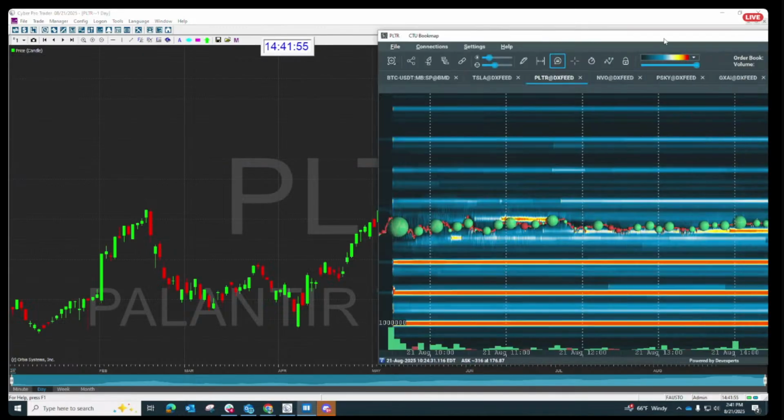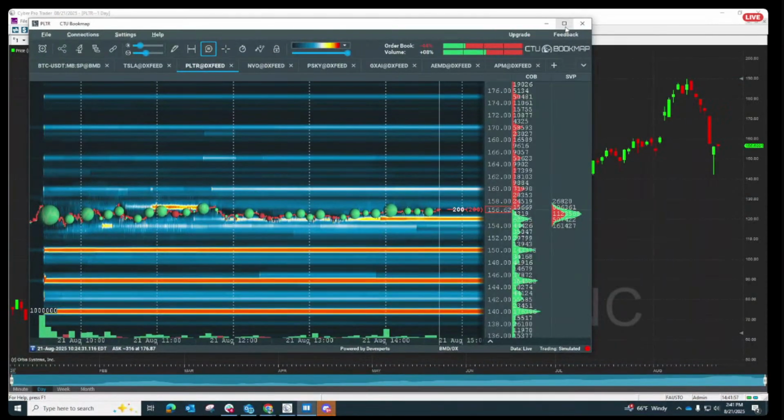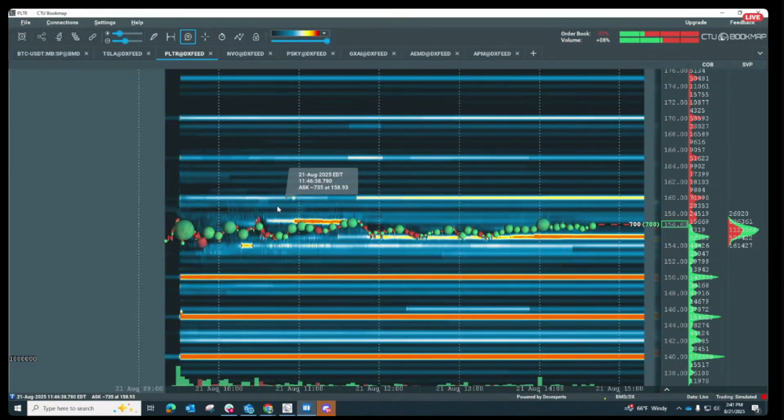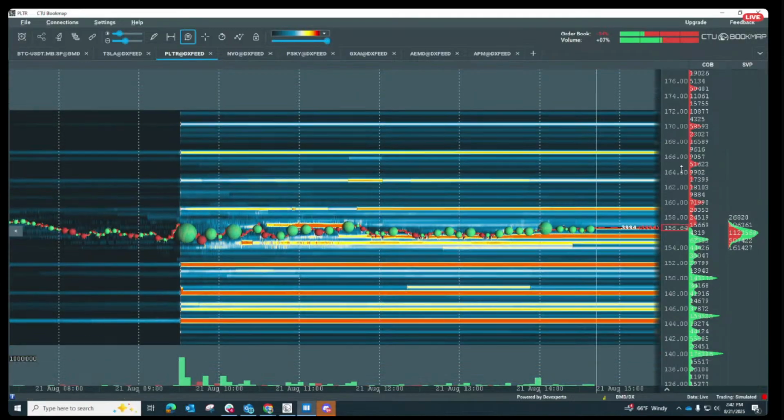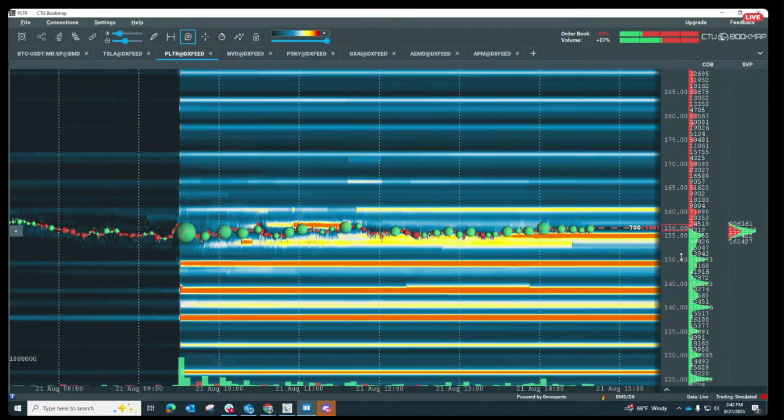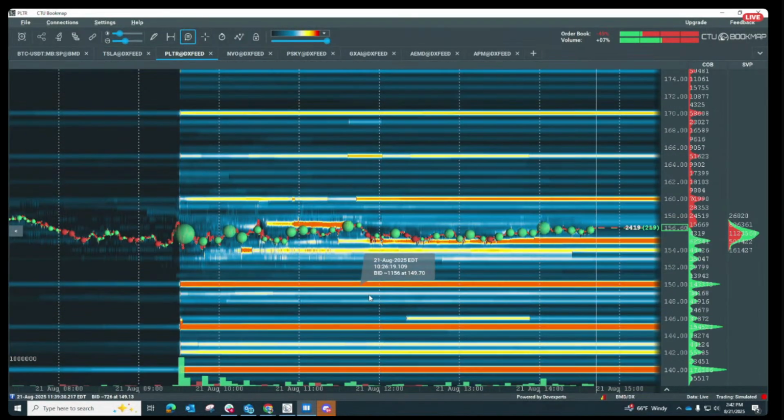Now, if you look right here on Palantir, on Bookmap, you will see clear as day all the big orders out here. Here's the order at 150. There's the order at 145 and then 140. But we have a lot of support levels holding here at 150. This order got filled here at 156. So it looks like as of right now, the only resistance level on the long term is up at 160.